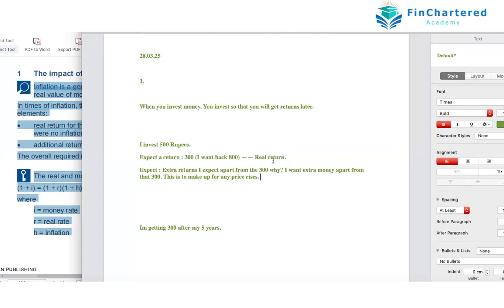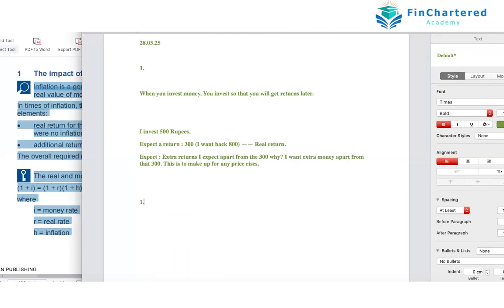So, the first return I expect, where I want the profit, I want to make money, is the return that will actually really help me make money.